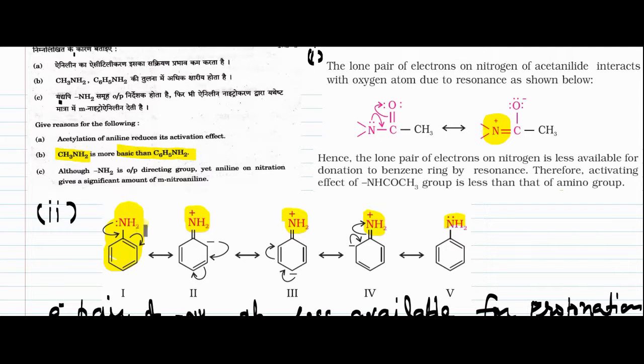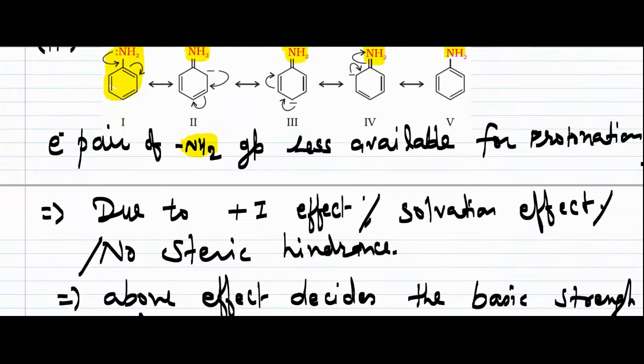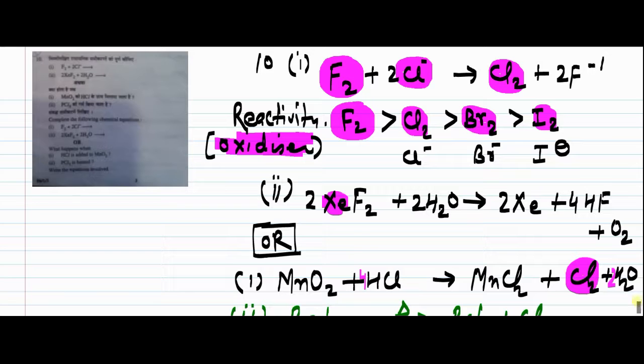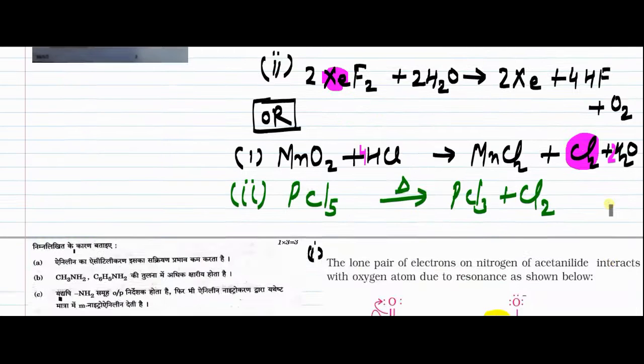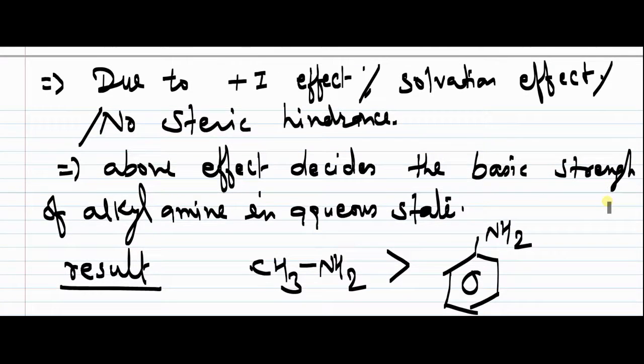The lone pair of electrons on nitrogen is less available for donation to the benzene ring. It means aniline is less basic than CH3NH2. The electron pair of the NH2 group is less available for protonation due to plus I effect, solvation effect, or steric hindrance.